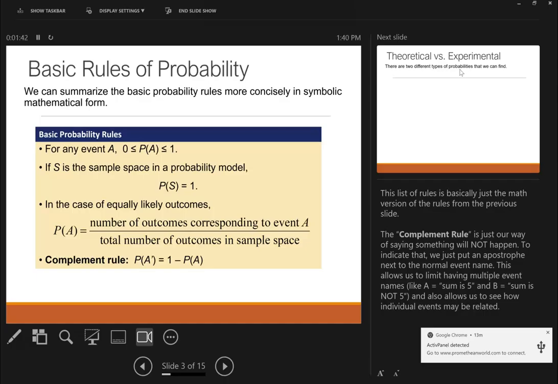For the first one, probability is between 0 and 1. The probability of the entire sample space needs to equal 1. Equally likely outcomes, and then the complement rule. Everybody's okay? It's the same thing as the previous slide, just symbolic.